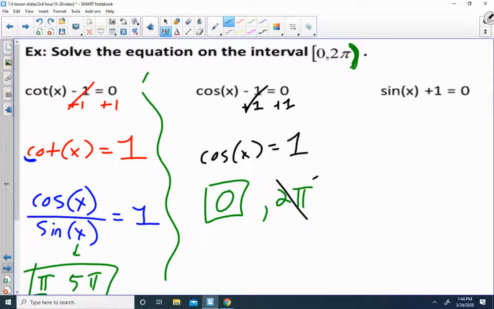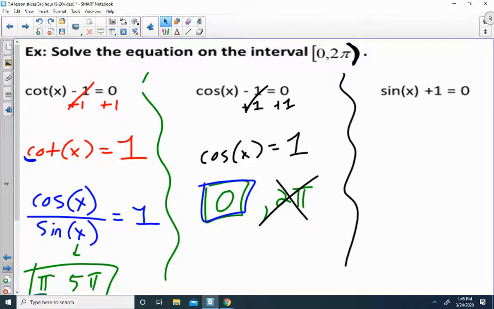So in other words, the only answer it wants is 0. Just wanted to make that clear. Some people have tried to put 0 and 2 pi, but the notation specifically says that since this is an open parenthesis, the 2 pi is not included. So I just wanted to clarify that.